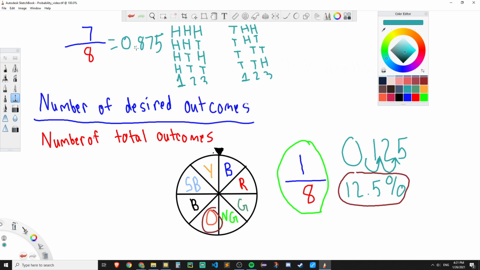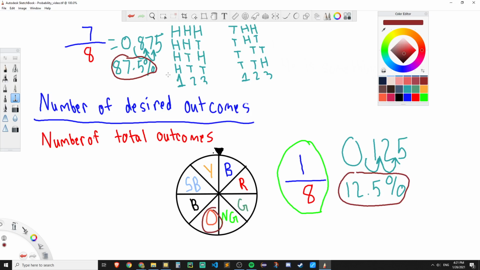And remember, again, times 100, so that's 87.5%. That's the percent probability that you will get a head if you flip the coin 3 times. So guys, that was it.